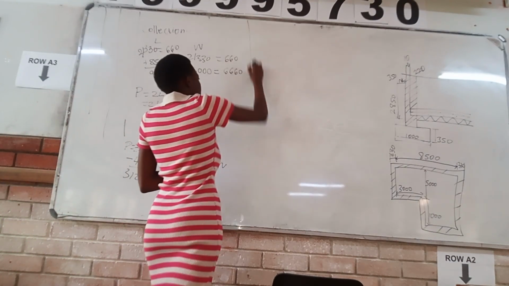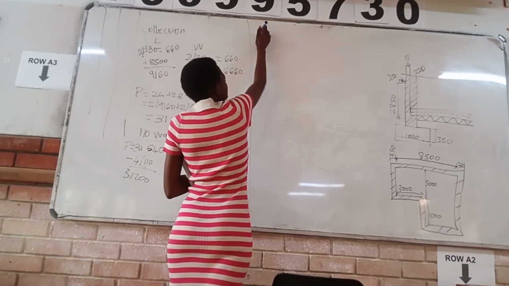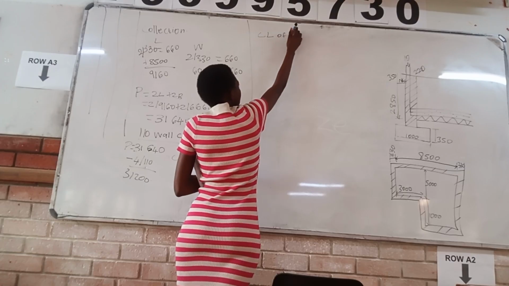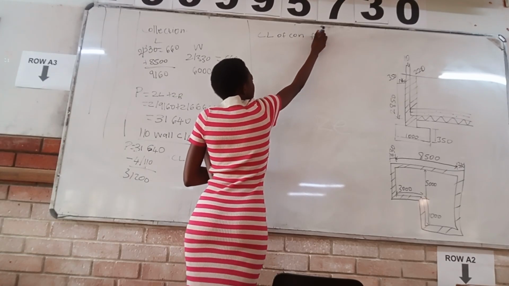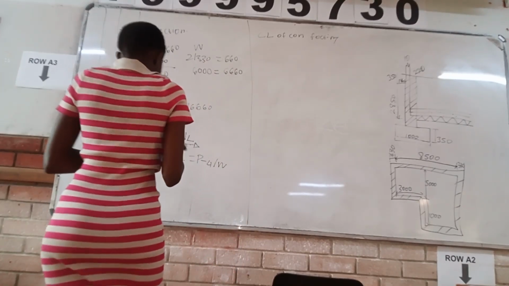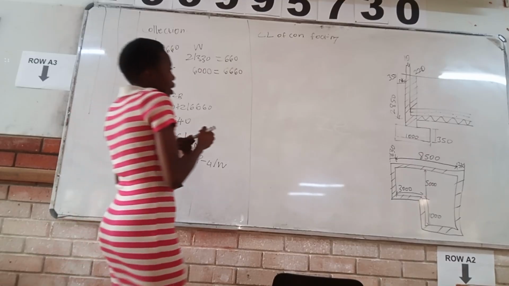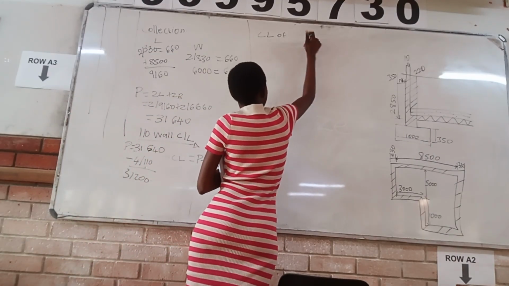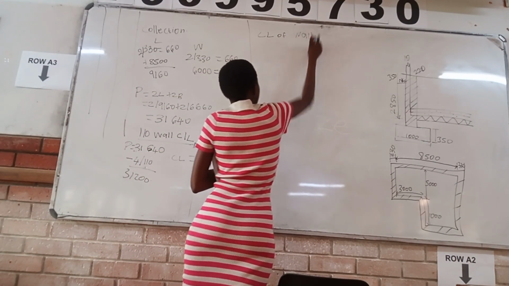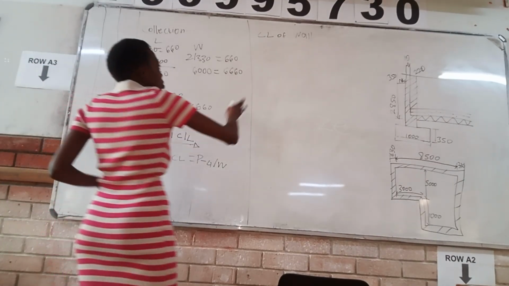We now need to calculate the center line of the 330 wall, or the center line of the concrete footing. Let's say the center line of the wall. We're going to use this very same perimeter, 31,640 again.